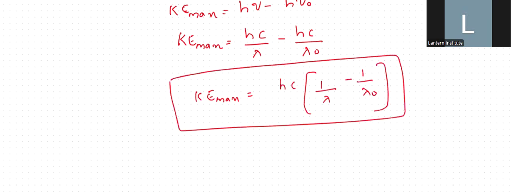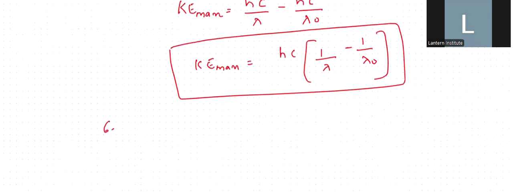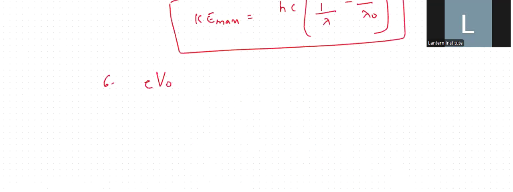Then we can express the above equation in terms of the stopping potential V naught, and we are going to derive the equation for V naught here. The kinetic energy maximum is equal to e into V naught, right? We learned this formula. Instead of kinetic energy maximum, I wrote e into V naught, which is equal to hc into 1 by lambda minus 1 by lambda naught.